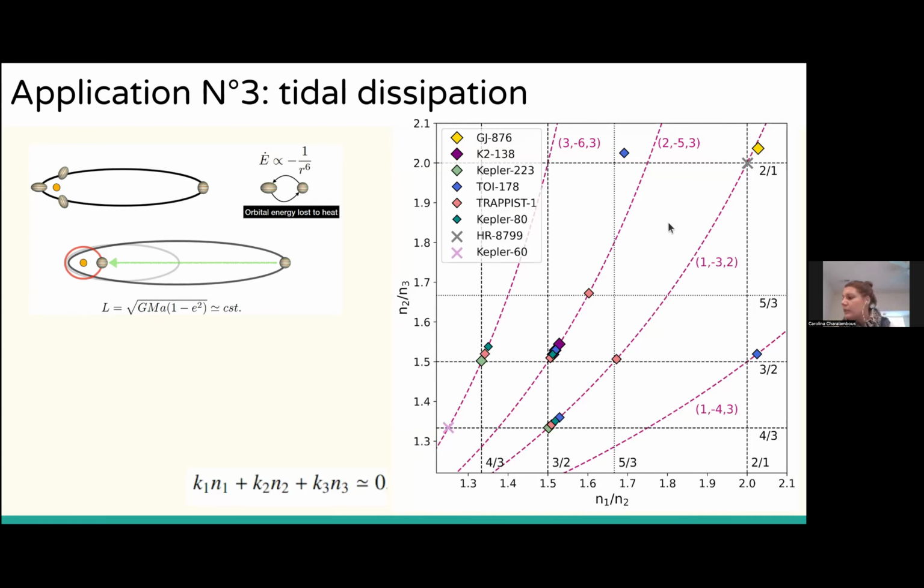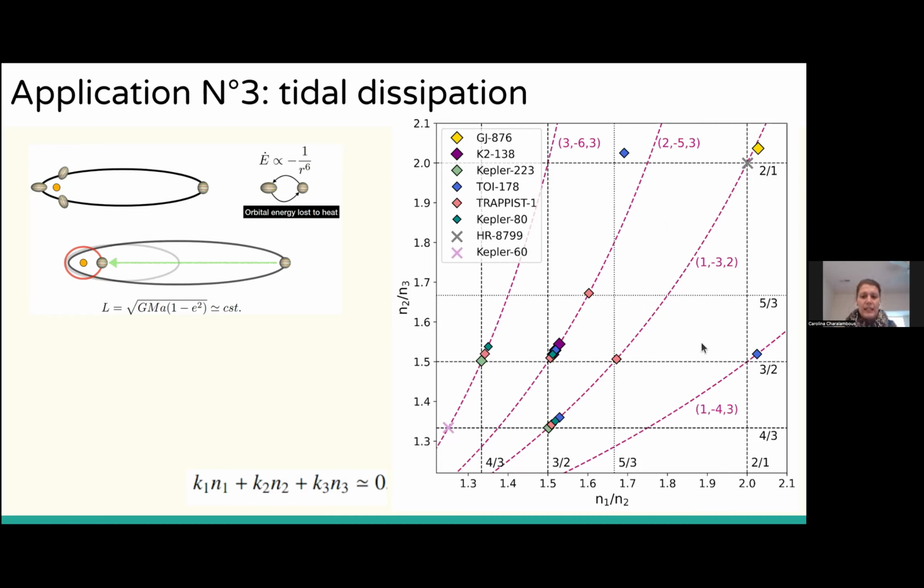And what we did a couple of years ago was to study some particular systems that are in mean motion resonance, but they are connected via resonances. So they are in what we call a chain of resonances.